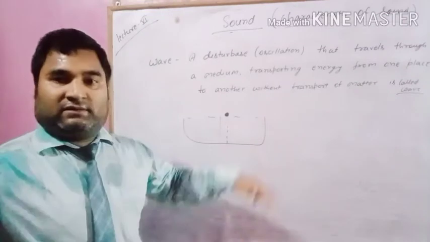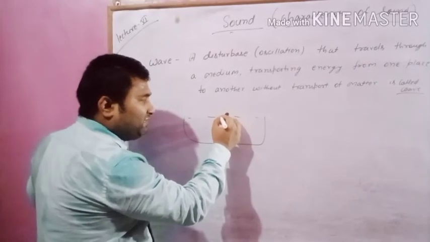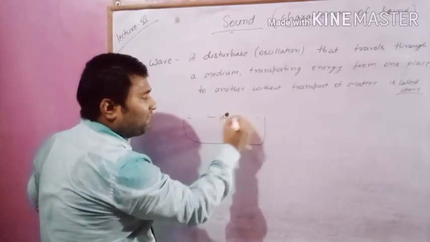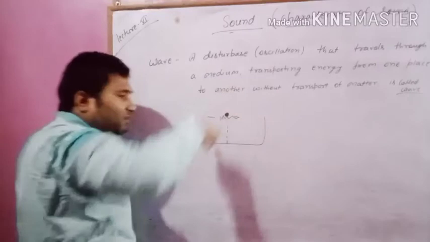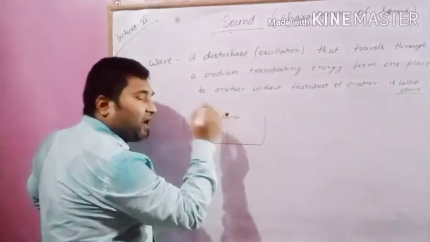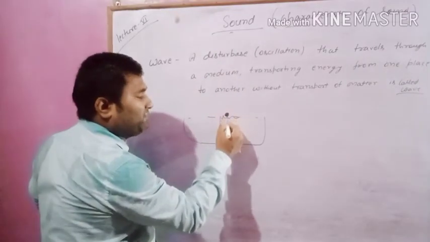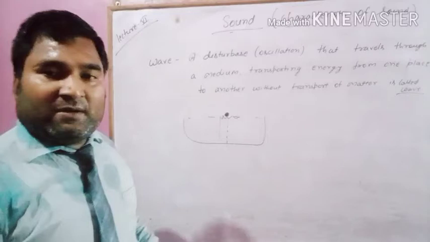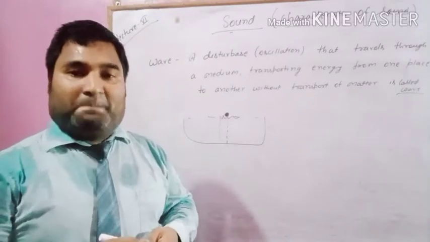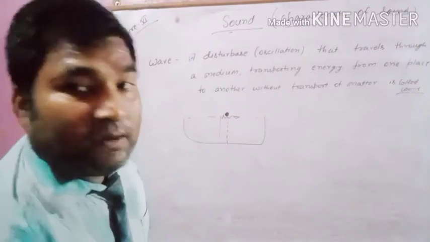That ripple will be formed, and you will see that water is moving outwards, spreading in all directions. After some time, when ripples stop, you will see that the ball is still at the same location. The ball is not traveling, means only the energy is traveling, not the ball.